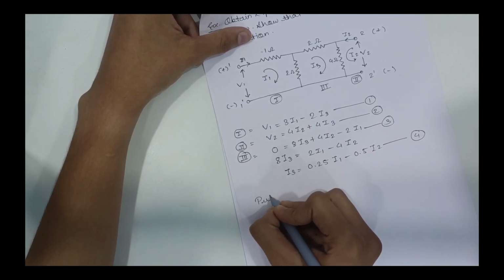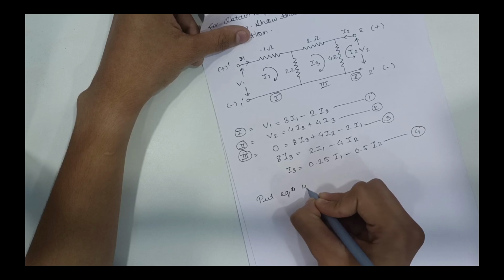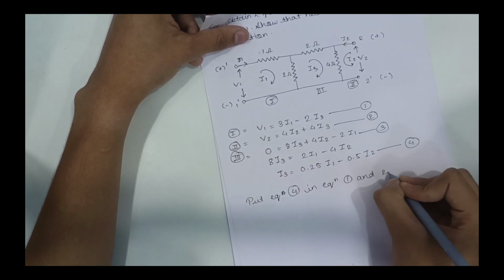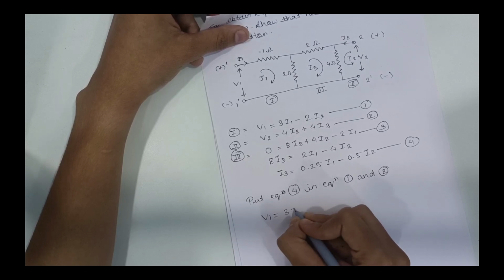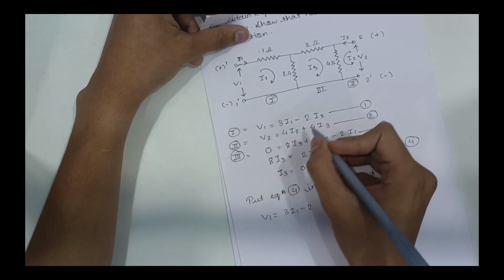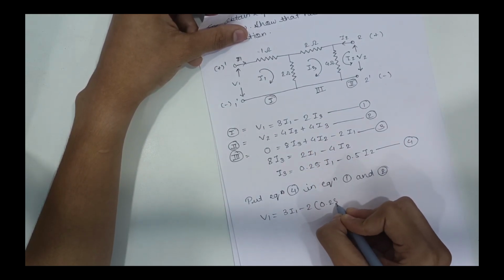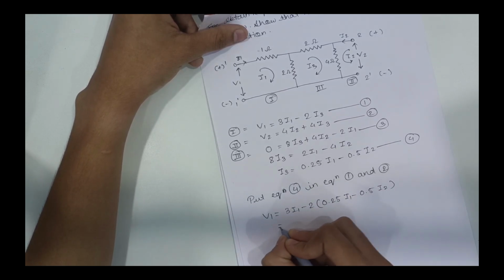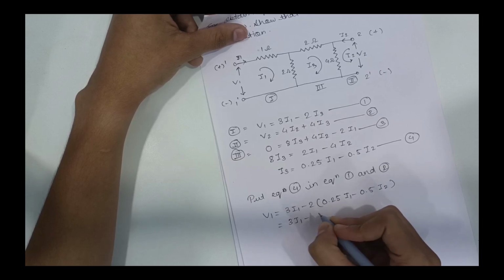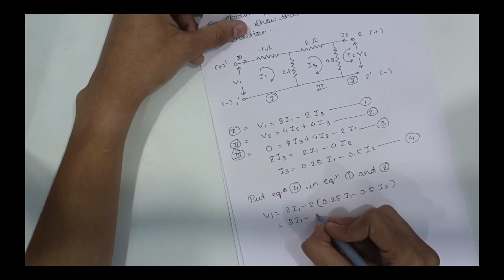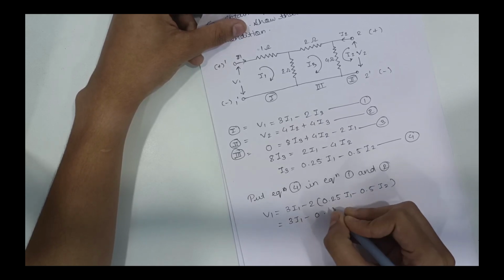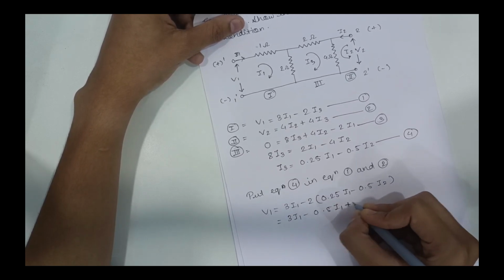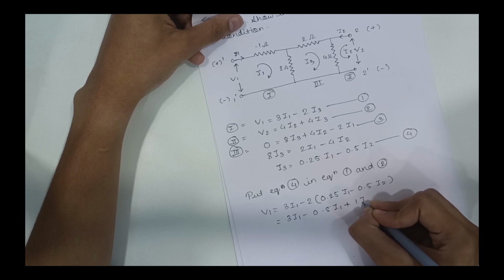Now we put equation fourth in equations first and second. We get V1 is equal to 3I1 minus 2 times (0.25 I1 minus 0.5 I2), which is 3I1 minus 0.5 I1 plus 1 I2.